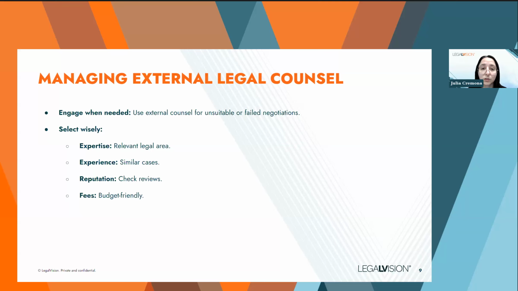So when considering what type of external law firm to engage, in-house counsel can consider things like the relevant expertise of the law firm, if they've had experience dealing with similar matters in the past, their reputation and what their fees look like, as well as how complex the matter is and how litigious the opponent is as well.